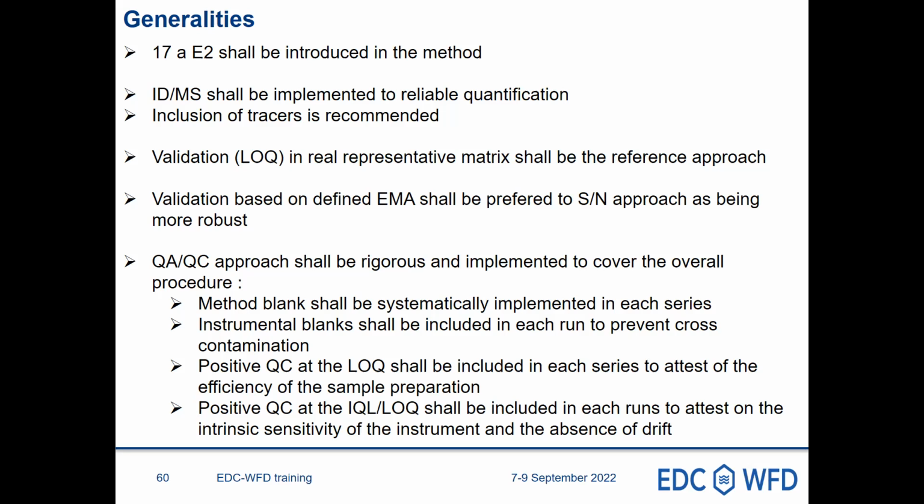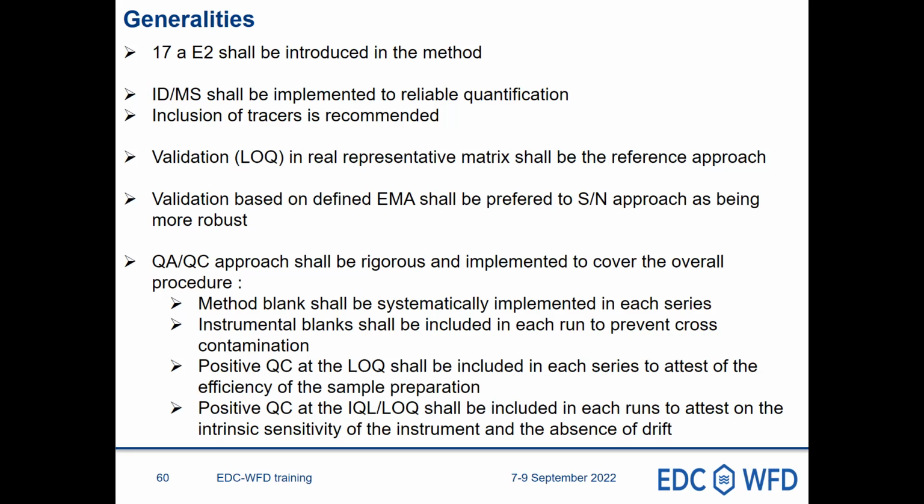Method blank should be systematically implemented in each series. Instrumental blank should be included in each run to prevent cross-contamination. Positive quality control at the LOQ should be included in each series to attest to the efficiency of the sample prep.